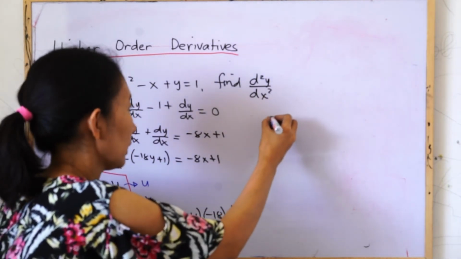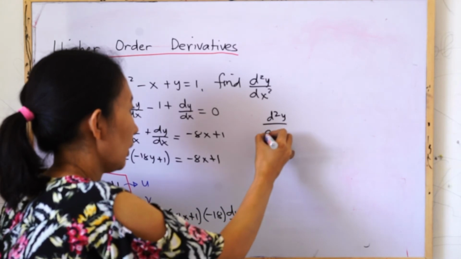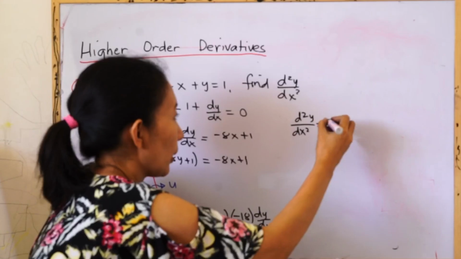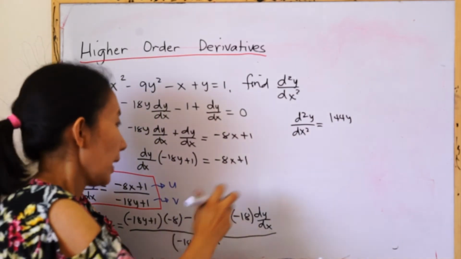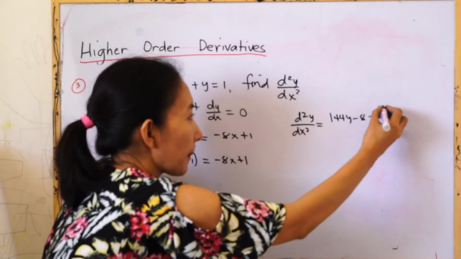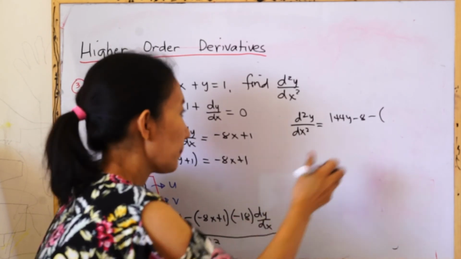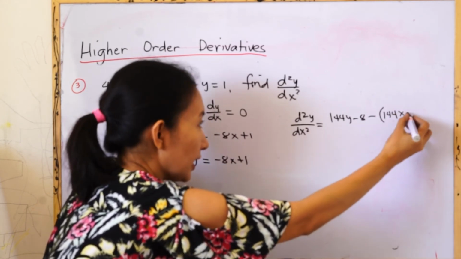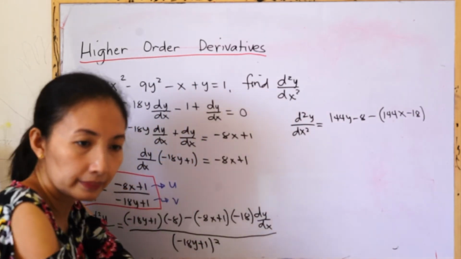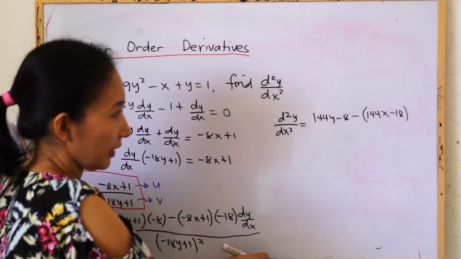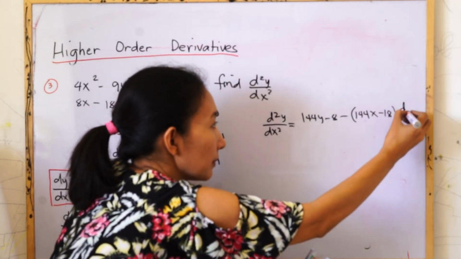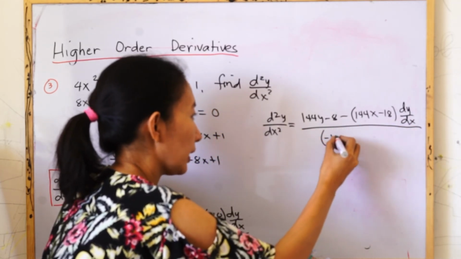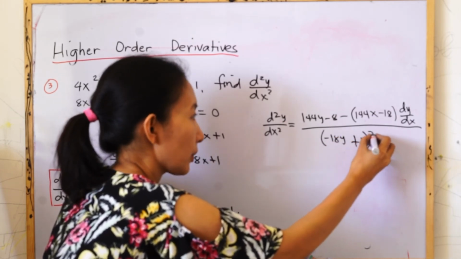So from here, d squared y over dx squared equals, multiplying the two, you'll get 144y minus 8, minus, just the same, 144x minus 18 dy over dx, all over the square of the denominator, negative 18y plus 1 squared.